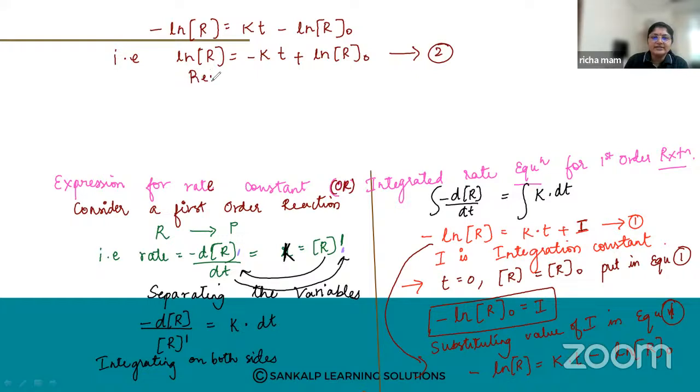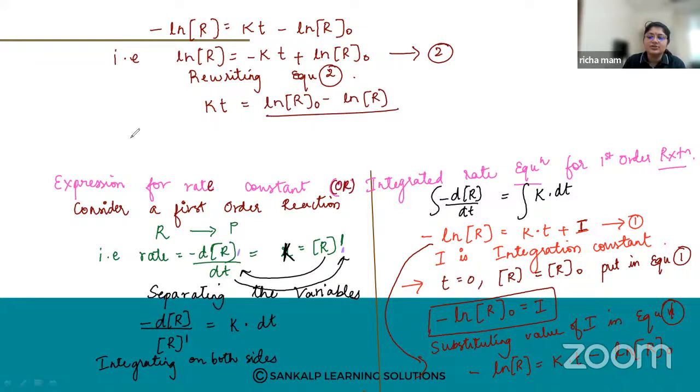So let us rewrite equation 2. So kt is equal to ln of r naught minus ln of r.